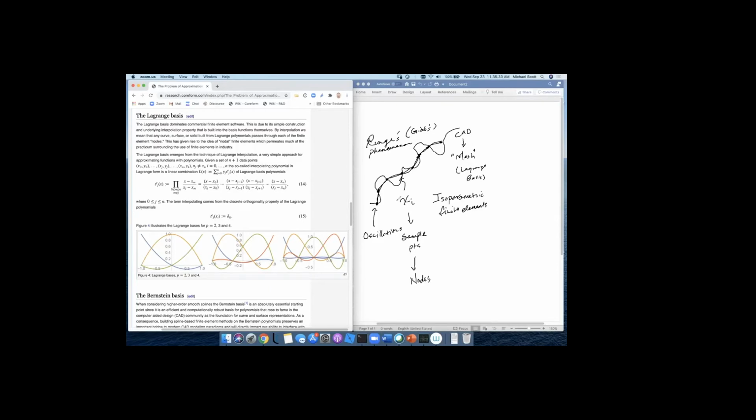Dr. Scott, at what point are they oscillating? Are you forgetting your initial functions or geometry, and going back just on nodes and trying to interpolate again?